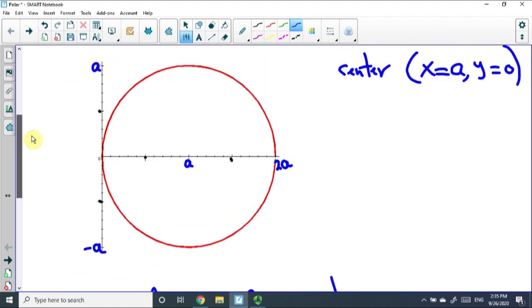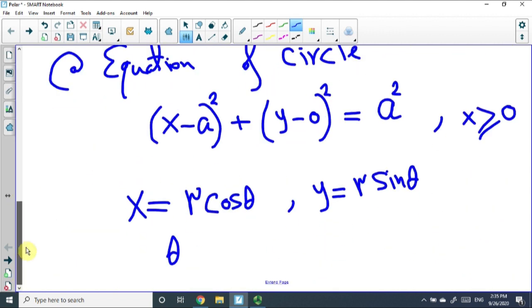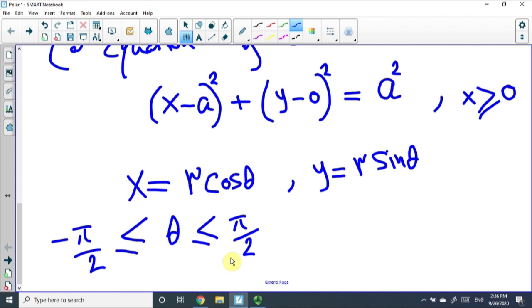Of course, this is clear from the graph. So the values for theta should be between negative pi over 2 and pi over 2. That's a good thing to remember from the start.